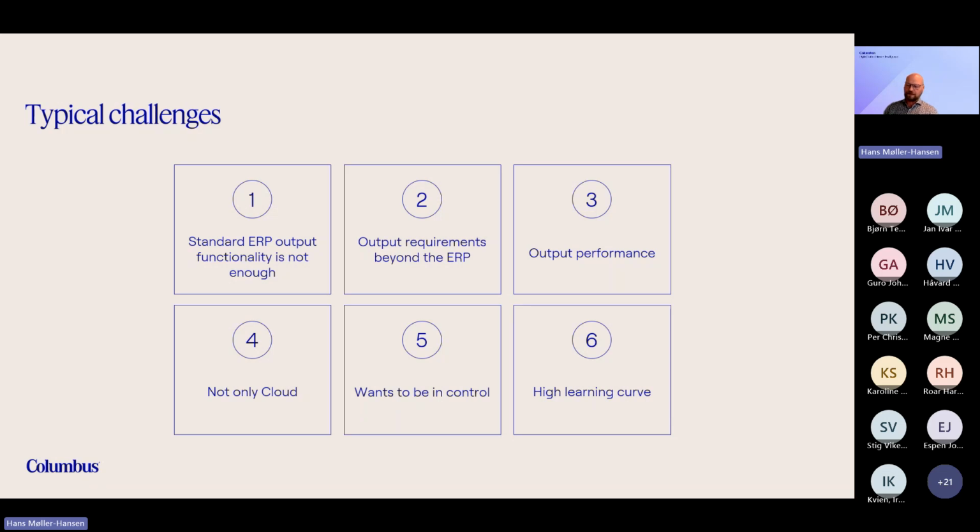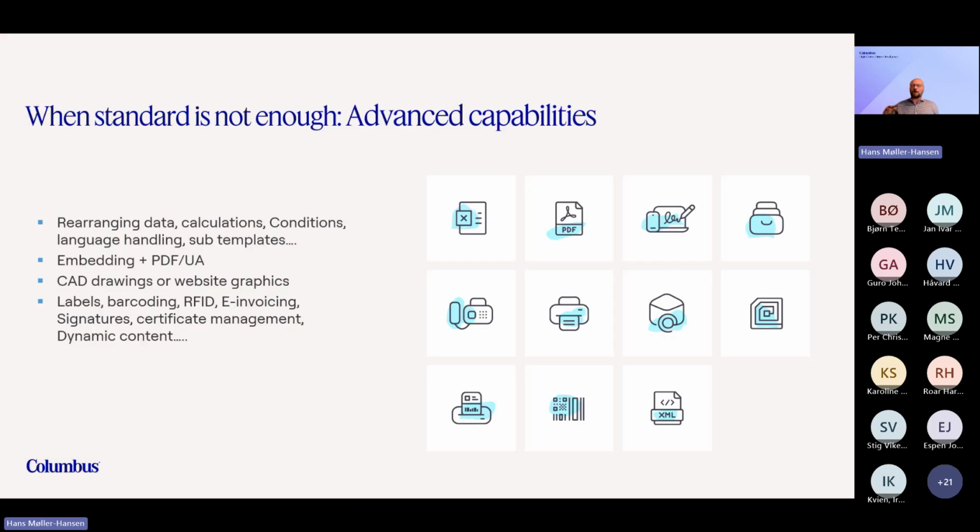So that's also an important thing. So when we look into when standard is not enough, when are we moving from doing the out of the box printout and have to do other things? Well, that's when we start. Let's say you need things to be printed in a certain order.